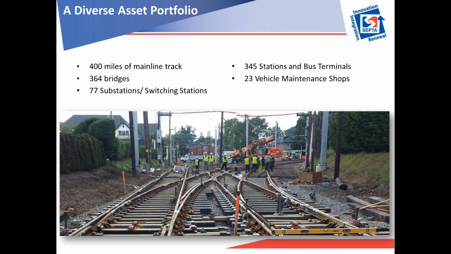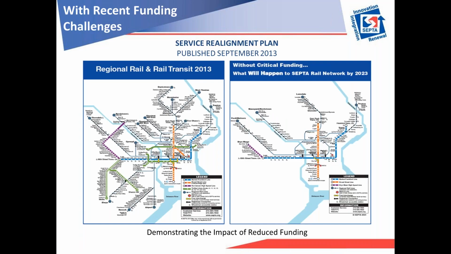We maintain 400 miles of mainline tracks, 364 bridges, etc. These assets themselves are maintained generally by 4 divisions of engineers, our bridges and buildings, electric traction, track, and then communications and signals. So asset management not only is a challenge because of the diversity of our portfolio, but also because of the diversity of the folks that are maintaining these assets.